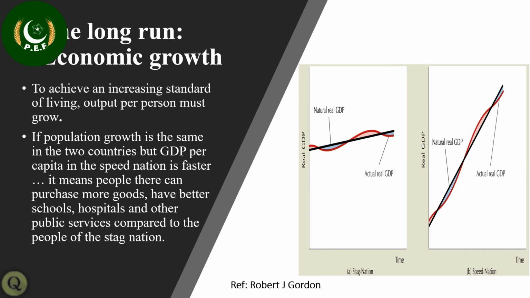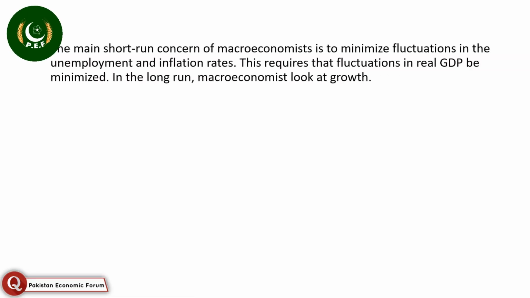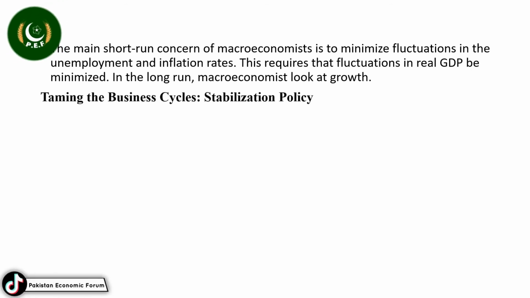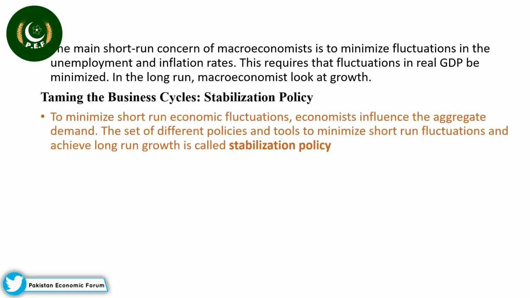The main short-term concern of macroeconomists and policymakers is to minimize the fluctuations in unemployment and inflation. This requires that the fluctuations in real GDP must be minimized. In the long run, macroeconomists look at growth. To minimize the short-run economic fluctuations, economists influence the aggregate demand.